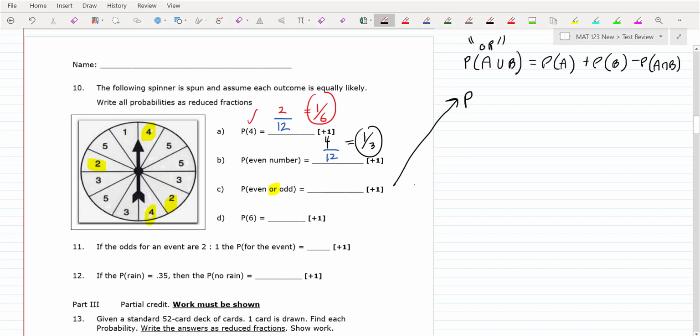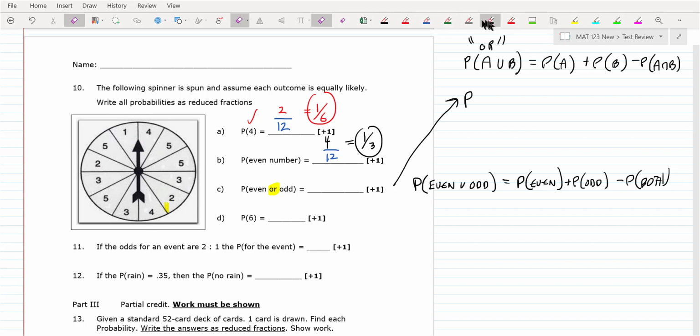So what I'm going to do is just write down probability of even union odd. I'll show you how I can do this in your head anyway. You would do the probability of even plus the probability of odd minus the probability of both. You don't have to do this problem this way, but you can. I'll show you why you can bypass the formula in just a second.